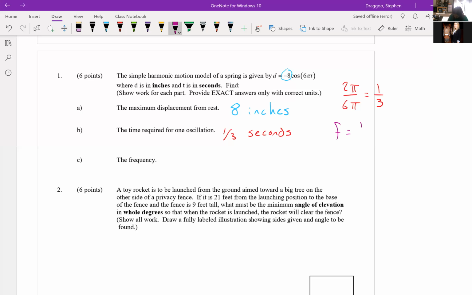The frequency is going to be 1 over 1/3, which will simplify to 3. So that frequency is 3 hertz. Actually, let's be a little bit more direct about this. This will be 3 oscillations per second.